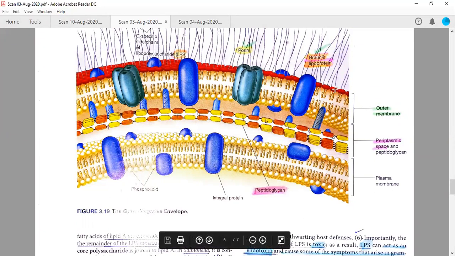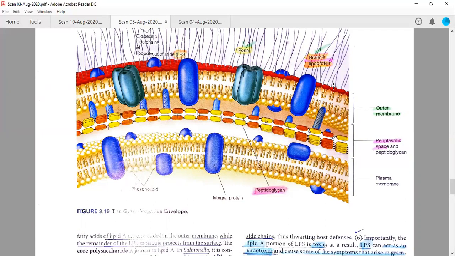So what are these actually? They are attached to sugars or carbohydrates. Therefore, they are called lipopolysaccharides. Whereas here they are not attached to any sugar moieties generally. So what is the advantage of the addition of these sugar moieties? These will act like antigens. They can be recognized by the immune system of our body.